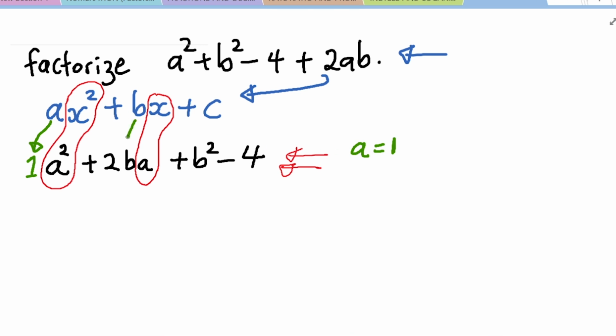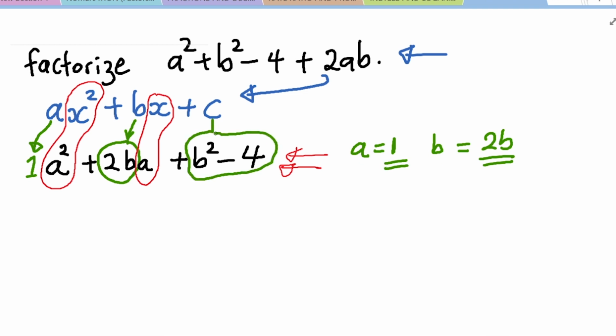Then my value of b in this expression is 2b, okay? And my value of c is b squared minus 4.